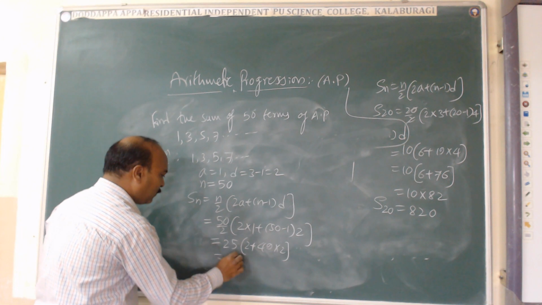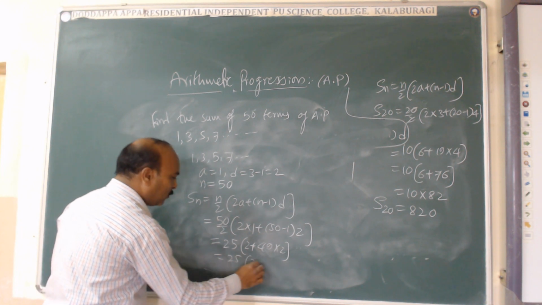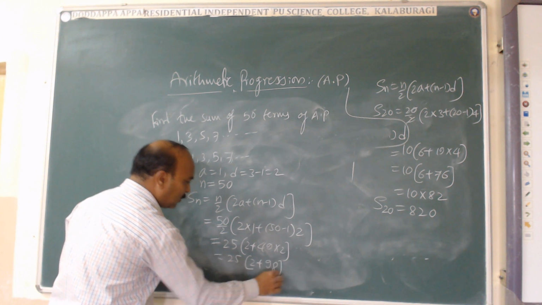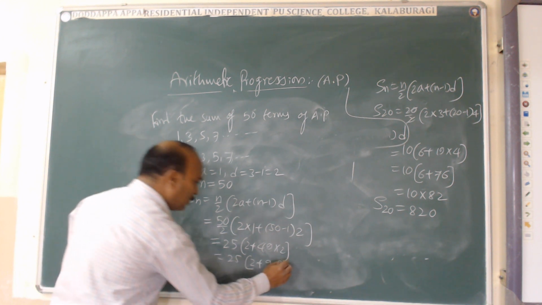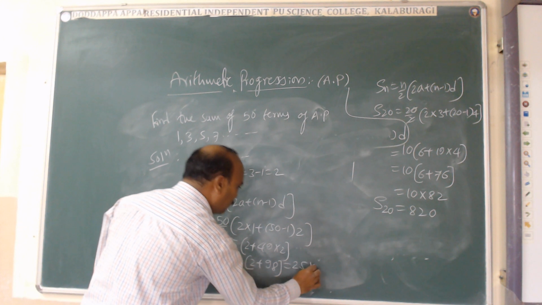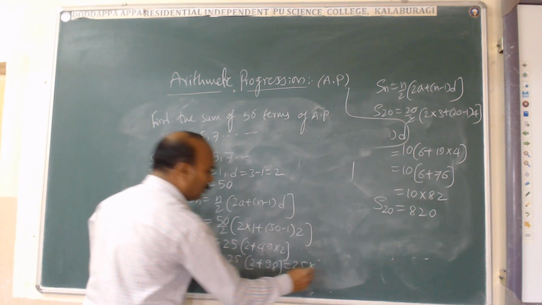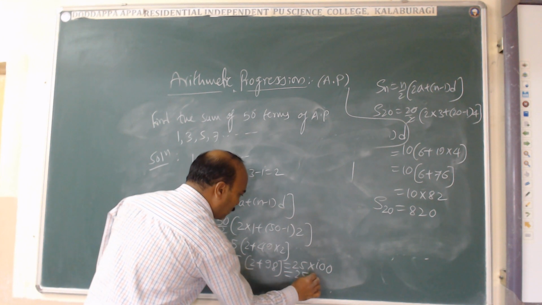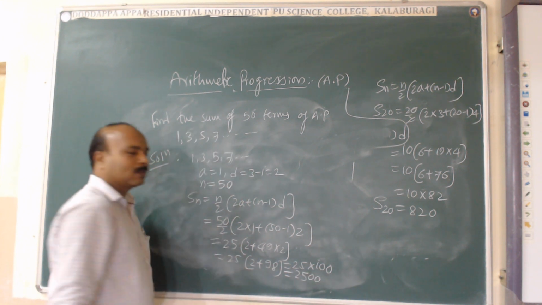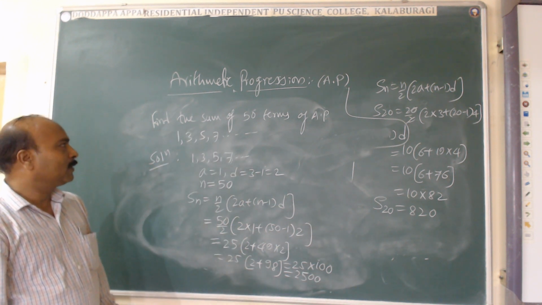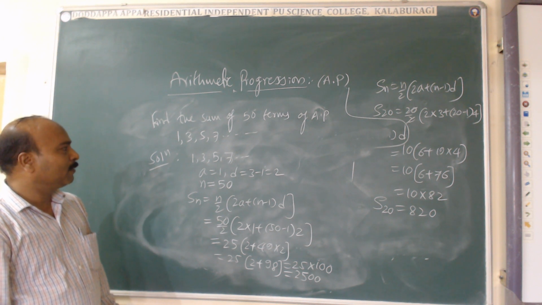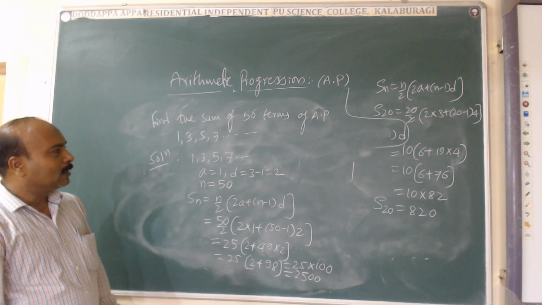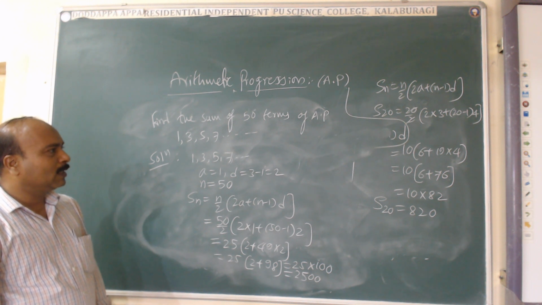Now it is 25 into 2 plus 49 times 2 is 98. So it is 25 into 98 plus 2 is 100. So our answer is 2500. So it is the sum of 50 terms of the given arithmetic progression. Like this you find the sum of n terms of a given arithmetic progression.